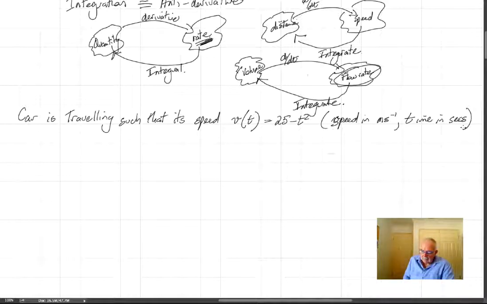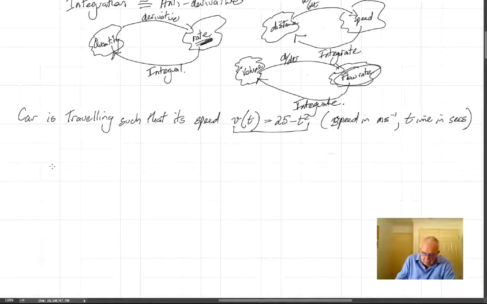Okay, so this is its velocity. Well, velocity and speed, for our purposes right now, we'll use the same terms. You'll learn later on that velocity has another component to it, direction, but we're not going to worry about that for the time being, so we'll use speed and velocity interchangeably for this example. So its speed is given by 25 minus t squared, where t is in seconds.